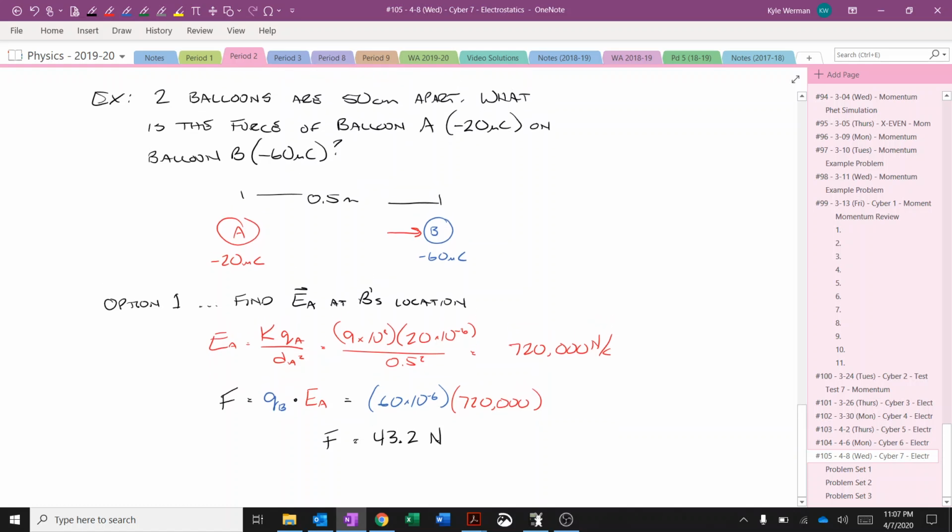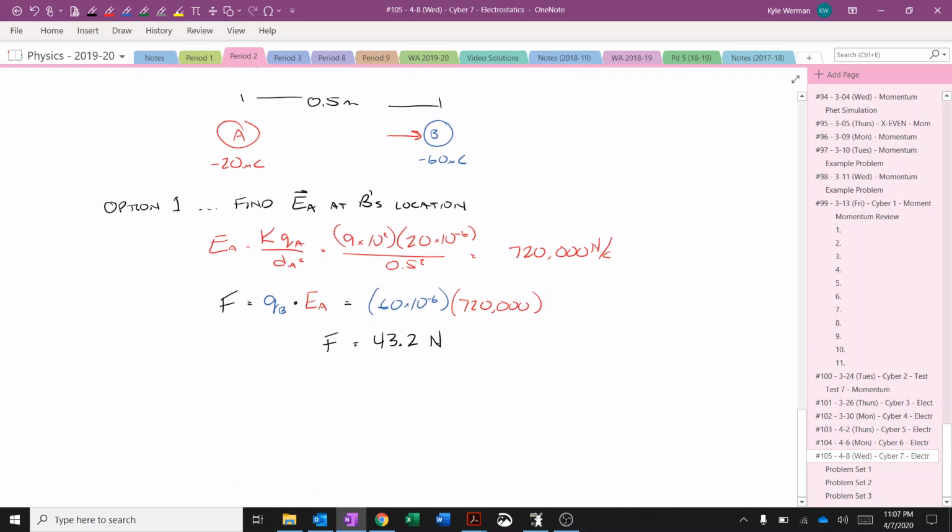That's option one, find the field and then bring B into it, or we could jump right to option two and use Coulomb's law, which is really, again, the same thing. The electrostatic force is equal to K. In this case, it's the charge of A, the source. The charge of B, the charge brought into the field, this is A's field, over the distance between them squared.